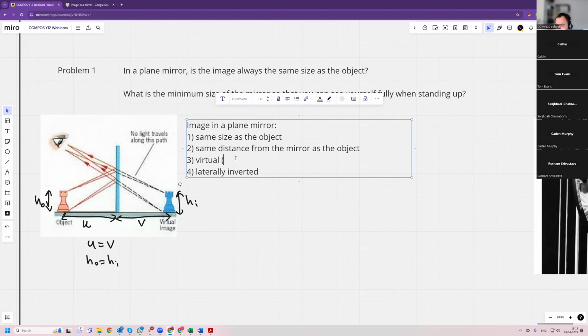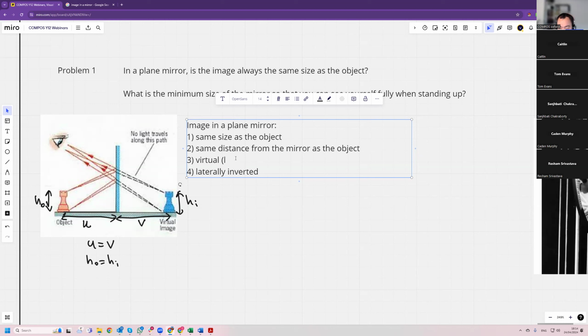Does everyone know what virtual means? Why is an image a virtual image? What do you mean by not a physical thing? Your eyes are deceived, but that's not the definition. The definition is about light rays. Light rays don't actually meet.